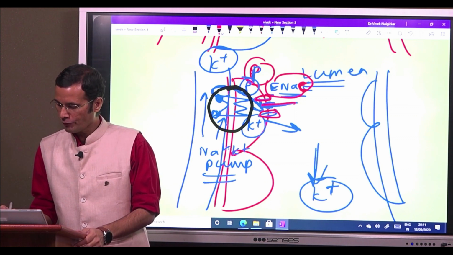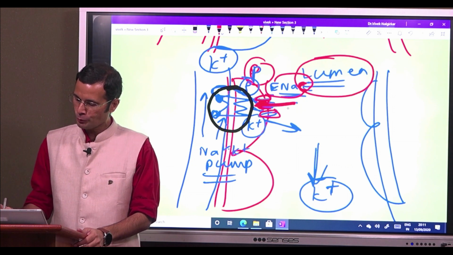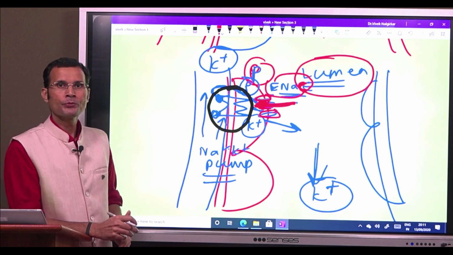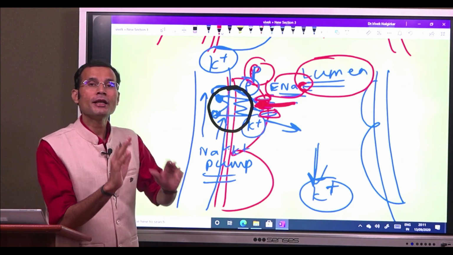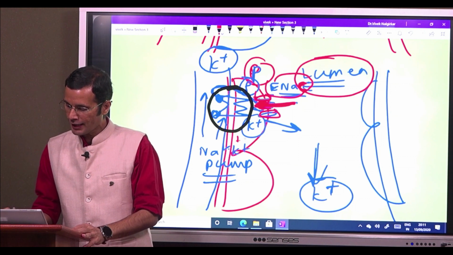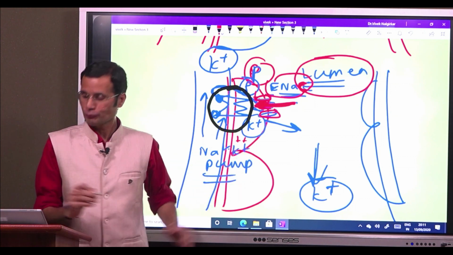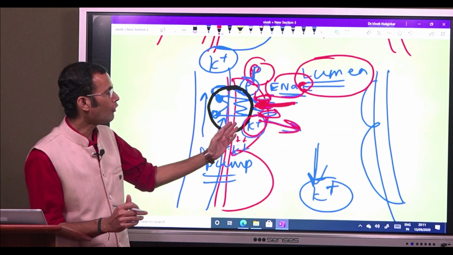More and more sodium will come in for the reabsorption from the tubular fluids, from the lumen into the principal cell. More sodium coming in means what? More electrochemical driving force. More positive charges have entered the cell. So, more driving force for potassium to be driven out of the cell.